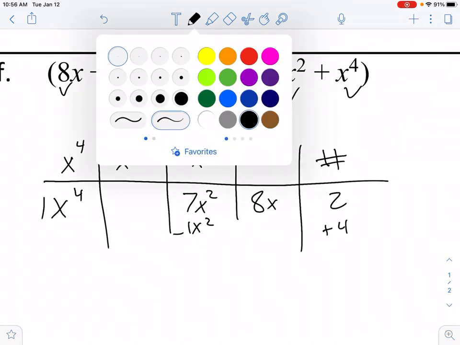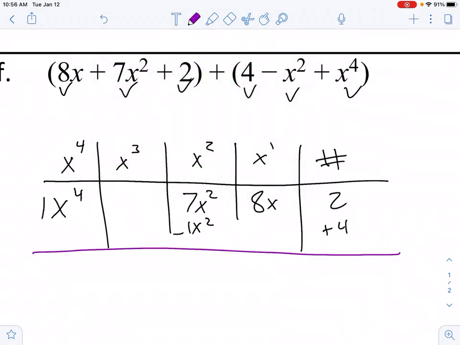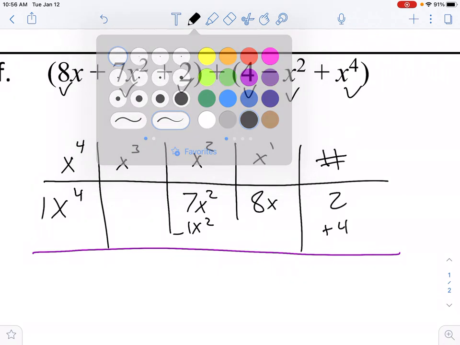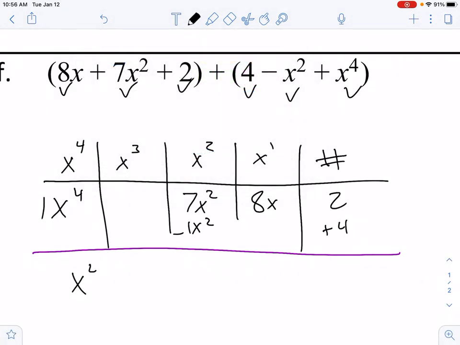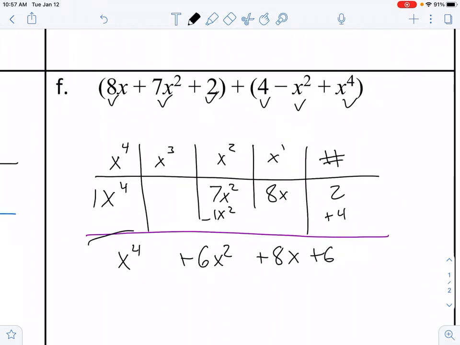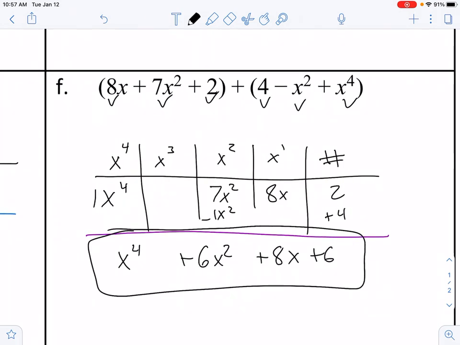And now I'm ready to just combine each category. So here I have 1x to the fourth, doesn't change. My next one, 7 minus 1 is 6. 8x doesn't change. And 2 plus 4 is 6. Okay, so this is our polynomial that we're working with.